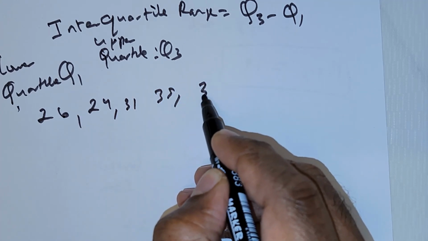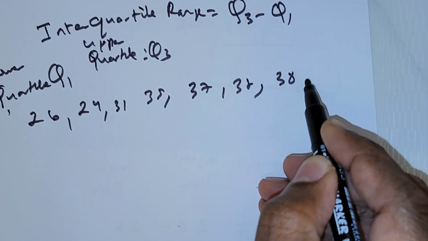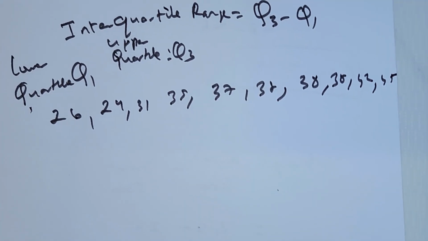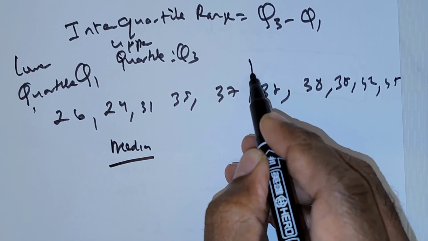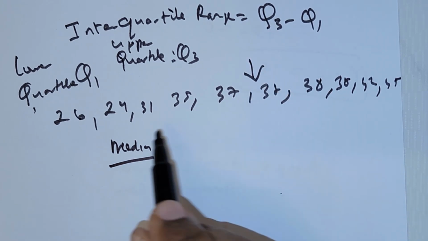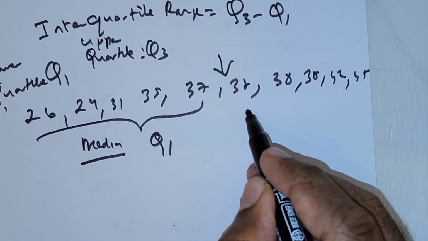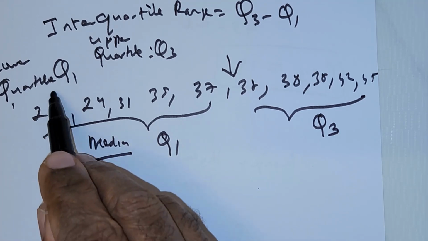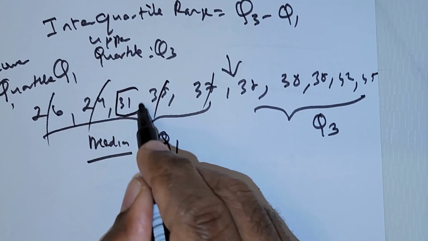31, 35, 37, 38, 38, 38, 42, 45. Okay. Now our median actually falls over here. So from here we will extract Q1, and from here we will extract Q3. So to get Q1, strike the first versus the last, second versus second last.